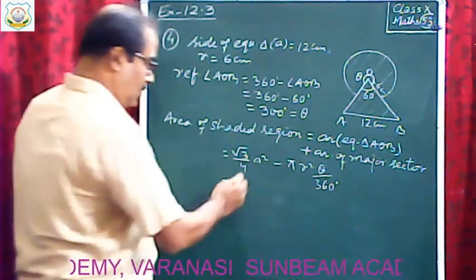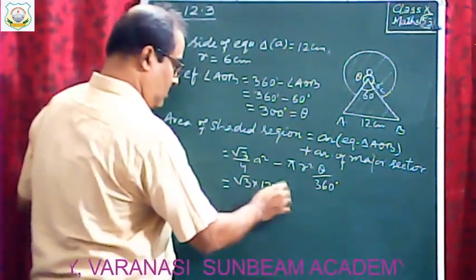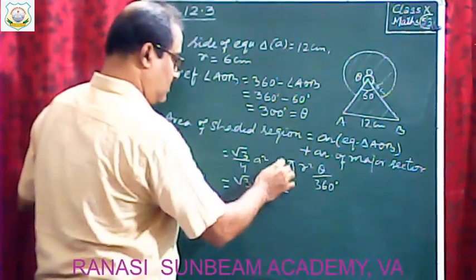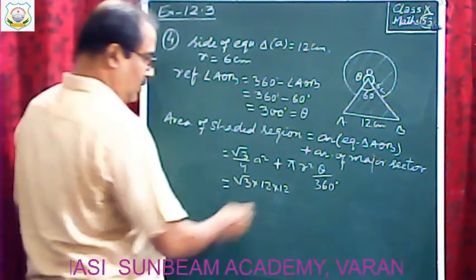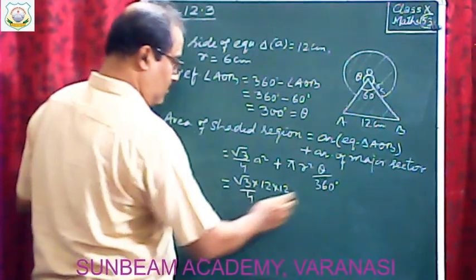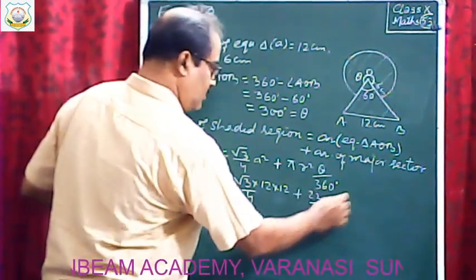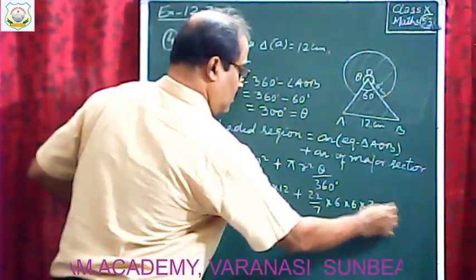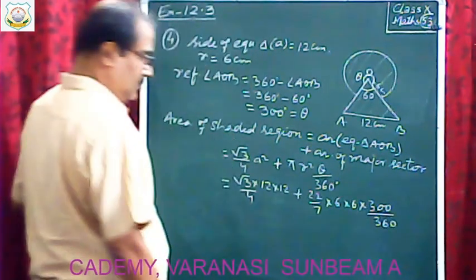Okay, so root 3 into a square, 12 into 12, and pi is given, no? 12 into 12 by 4, plus 22 by 7 into 6 into 6 into 300 upon 360. Now calculate.